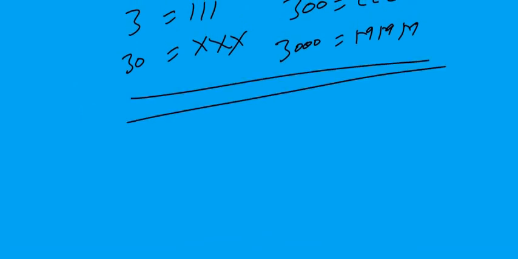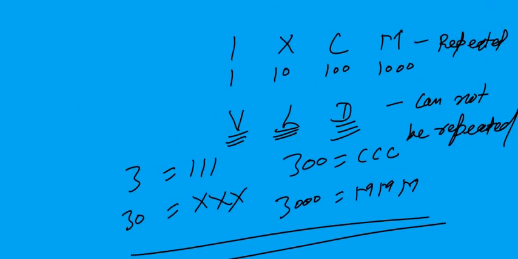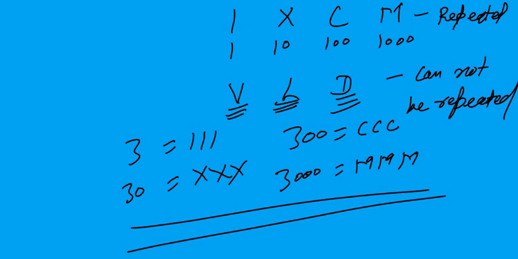Okay. Then the second rule tells that if a symbol is repeated, the symbol will not be repeated more than 3 times. That means if we are going to repeat I, X, C, M, they cannot be repeated more than 3 times. This is maximum 3 times. We can write 2 times or 1 time, 3 times, but we cannot write 4 times.